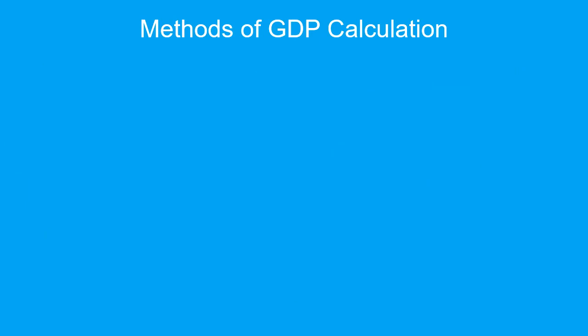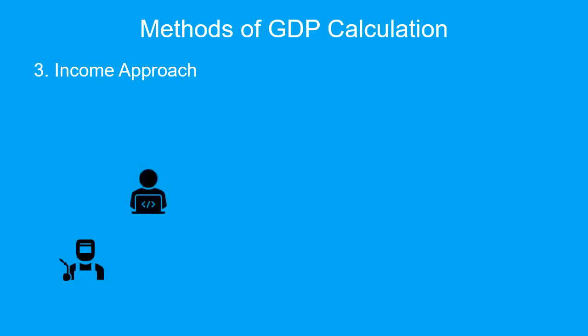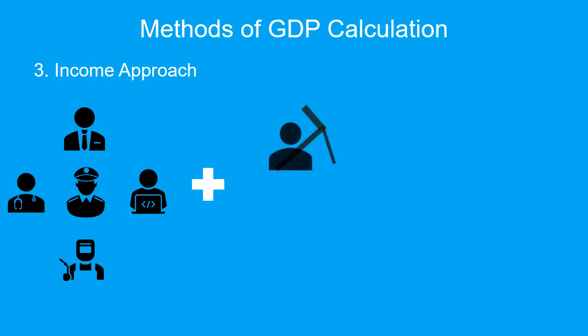Moving on from production and resources, there is another approach to compute GDP, in which we calculate GDP based on the productivity of the institutions and people in an economy. In this method, we start with the wages of all the workers working in the different sectors of the economy, the salaries of professionals, government employees, and military personnel, and wages of farm and rural laborers.